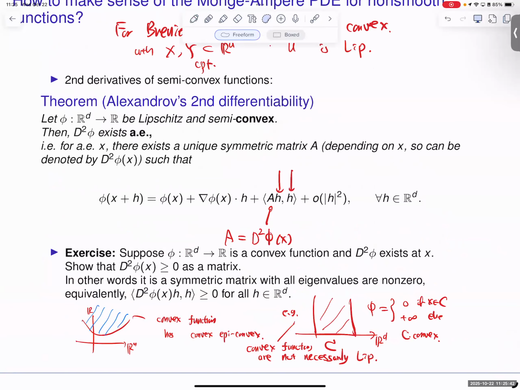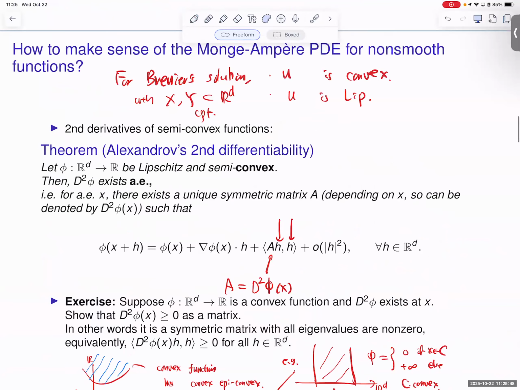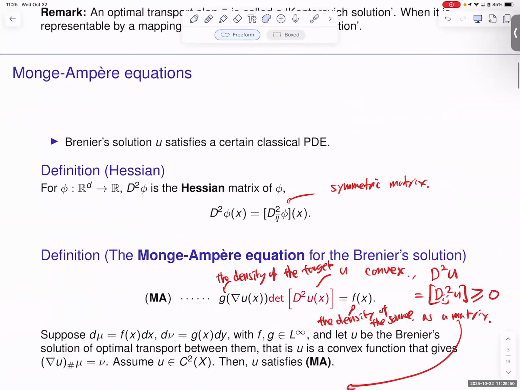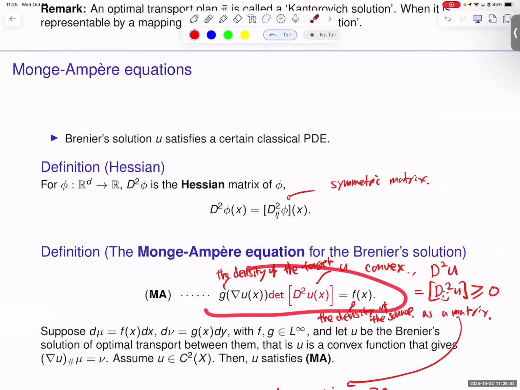So that means now we have almost every second differentiability. So that means for convex functions, at least we can make sense of this Monge-Ampère equation at almost every x. Right? Because at almost every x, you can write down the Hessian.